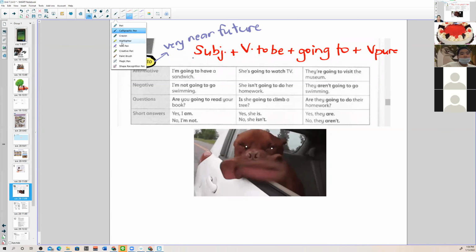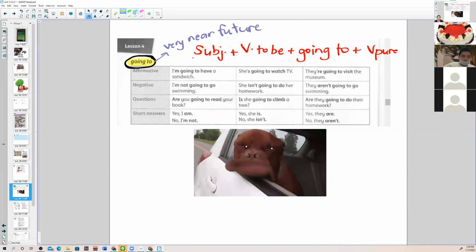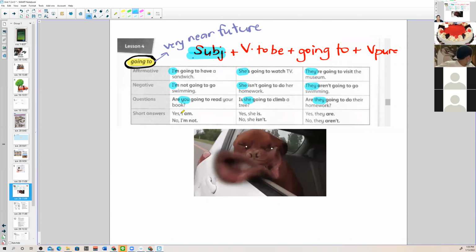So the subjects are here, right? Subject, I, she, they. For the negative form, the subjects are in the front, right? However, for a question, they put the verb to be in front of it, right?